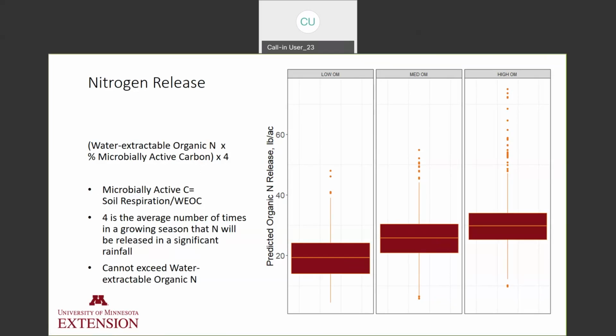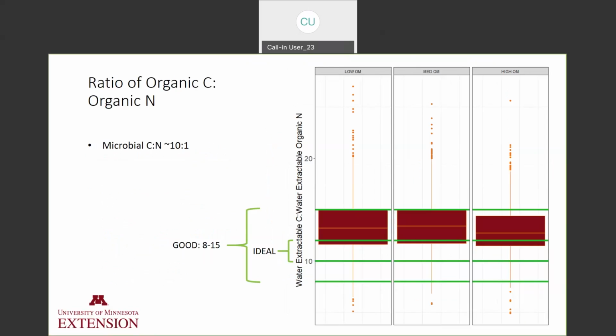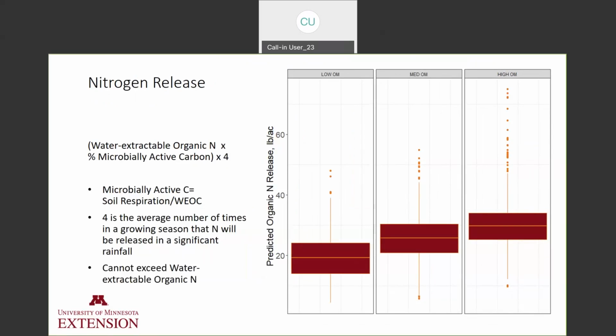So there's assumptions built into this. One is that microbes will use a similar proportion of water extractable carbon as they will nitrogen, which is going to be true if your C to N ratio is right in this ideal area. Otherwise, your microbes are likely going to use a lot more carbon than they will nitrogen. The other is that number 4. Again, that average number of times in a season you will get nitrogen released from your soil.